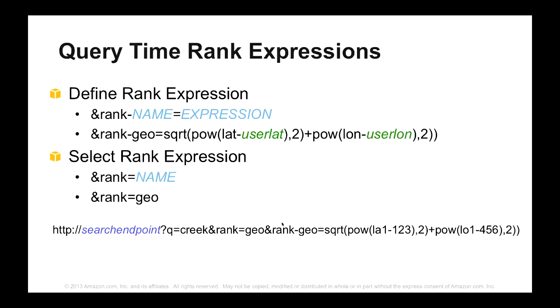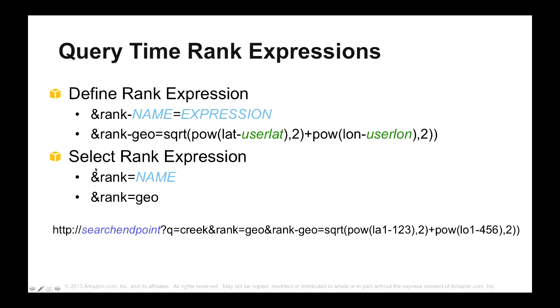In terms of actually passing this into CloudSearch, query time rank expressions are simply parameters on your HTTP request. So you define a rank expression by saying ampersand rank dash, give it a name, equals, and then your expression. A concrete example of that would be ampersand rank dash geo equals the formula we developed on the previous slide.